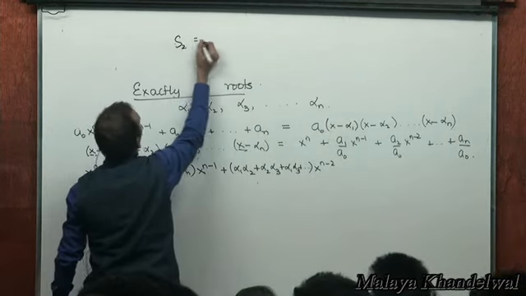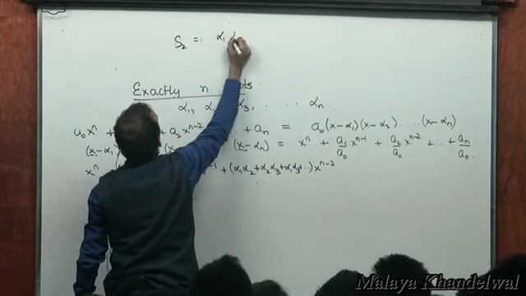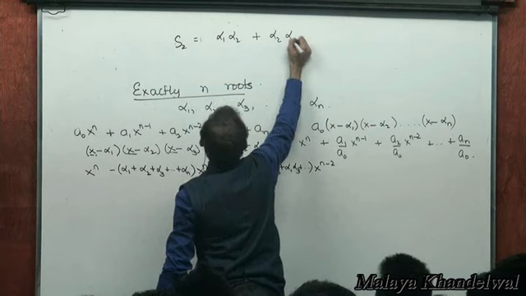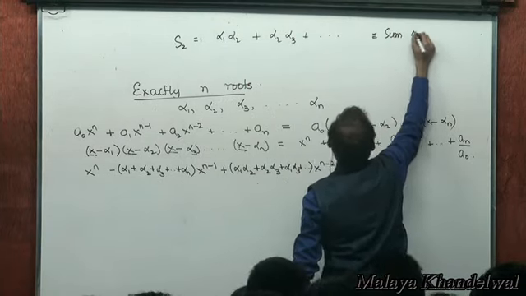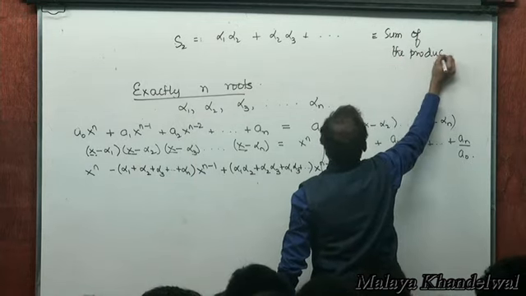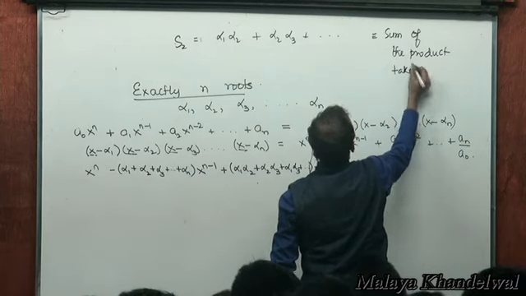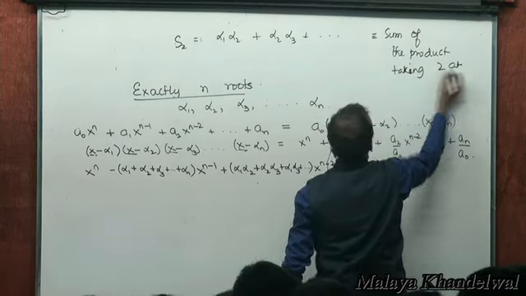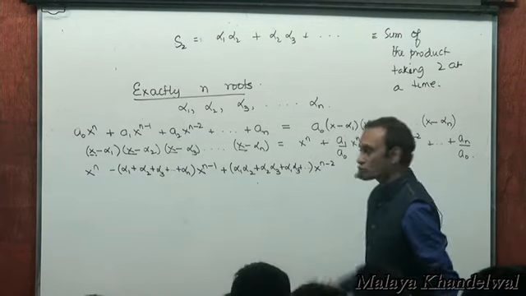S2 would be, let's say, the sum of the product taken two at a time, alpha 1 alpha 2 plus alpha 2 alpha 3, etc., which is the sum of the product taken two at a time. There are nC2 terms in this S2, right?